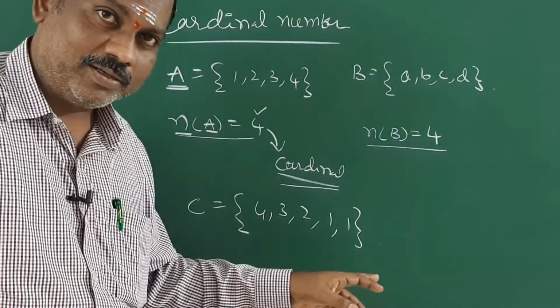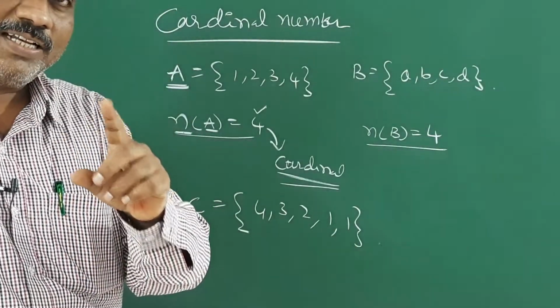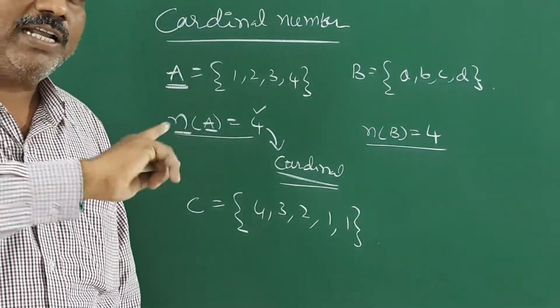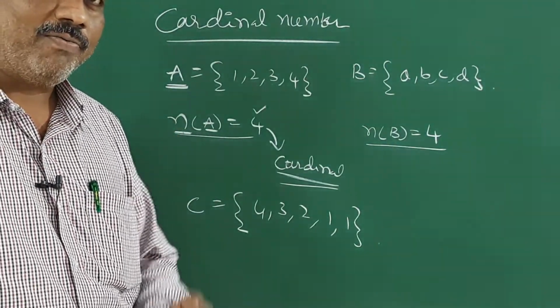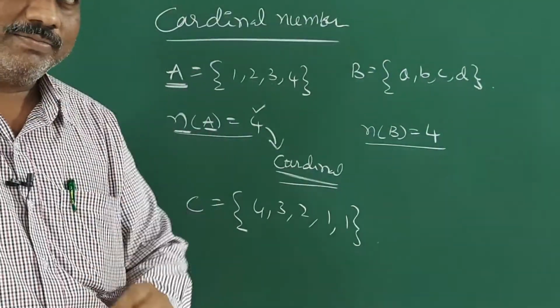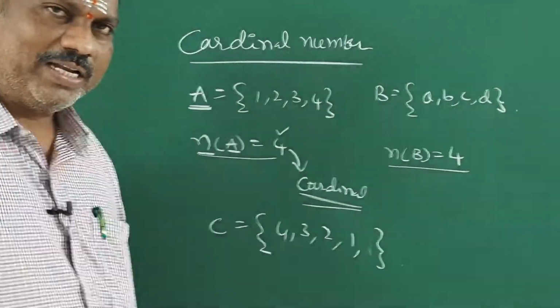Observe carefully, 1 is repeated 2 times. In the beginning I told you, while writing sets you have to remember two things. Repetition is not allowed. If one element is repeated one time, we cannot repeat it once again. That's why here 1 is repeated 2 times, you have to remove it.